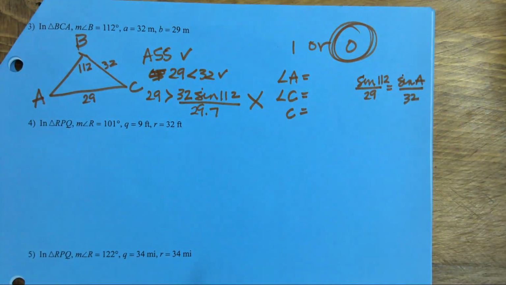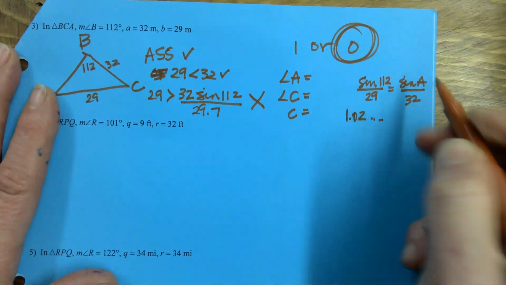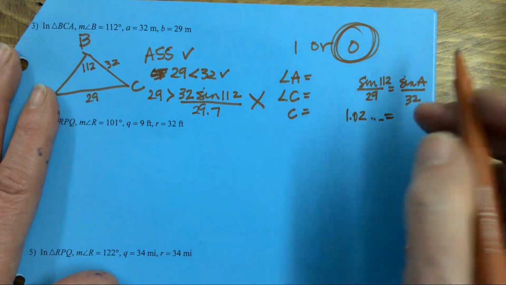And when I start to solve this, I'm going to end up with something that is more than 1. In fact, what do we get? 1.02, and so on.